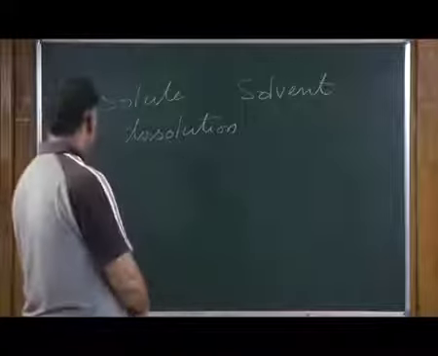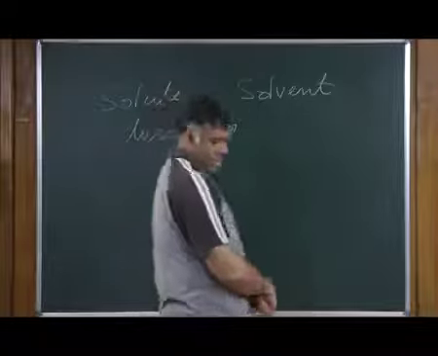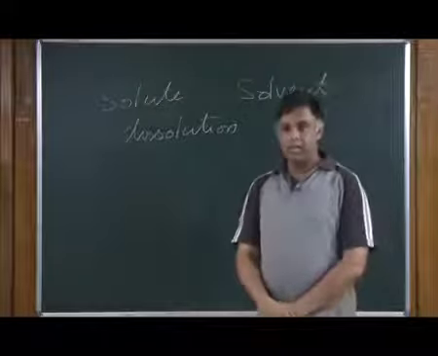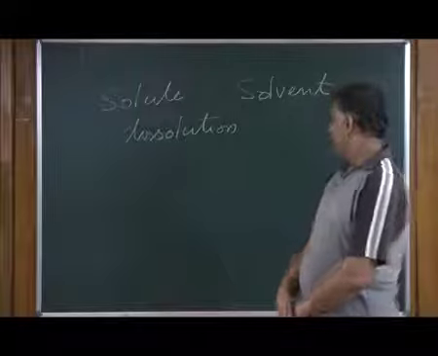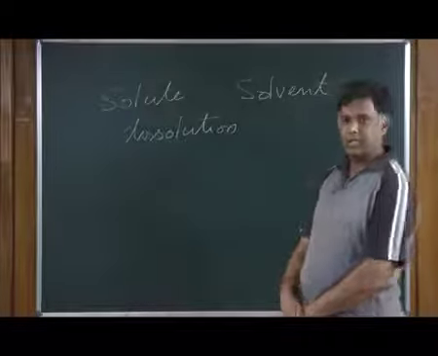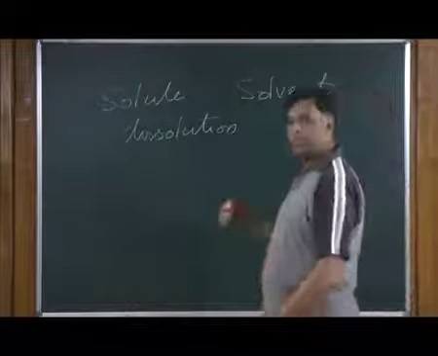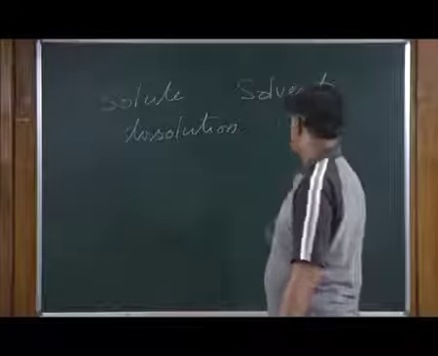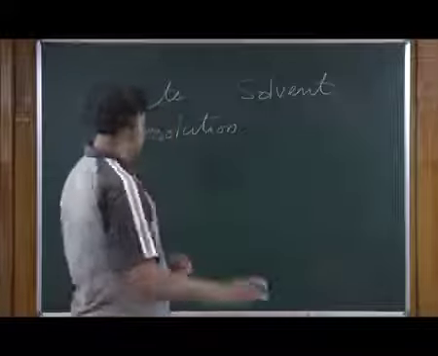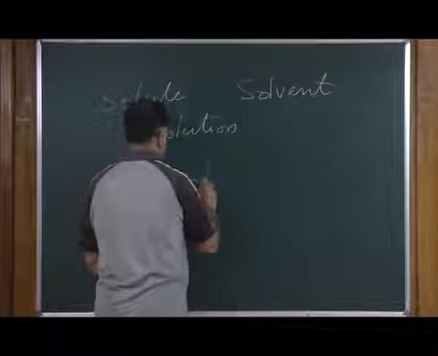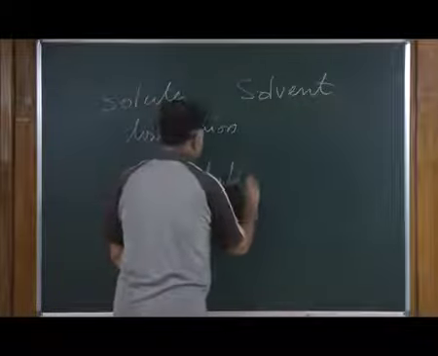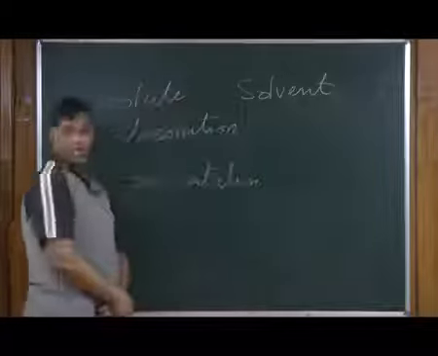The solute molecules are going to hit the other solute solid, and in this process there might be some crystallization and they come out of the solution, and that is called precipitation. And these two processes are happening all the time.